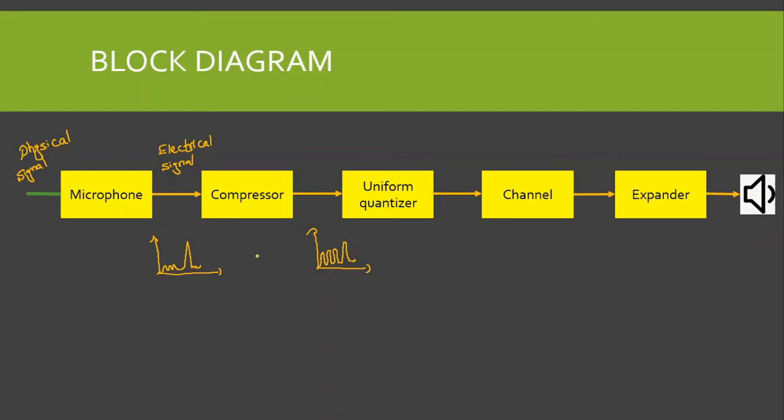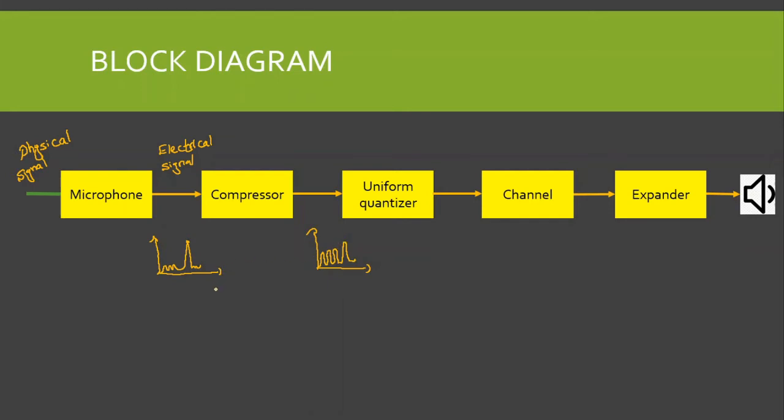If you can see over here, this was my maximum amplitude and this was my minimum amplitude. As a result of this compression, the difference between the highest and lowest amplitude is decreased, because high amplitudes are compressed and low amplitudes are amplified.